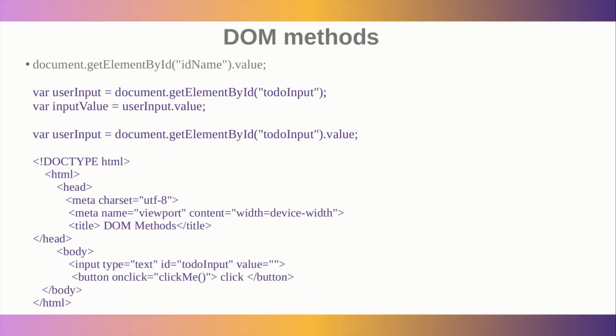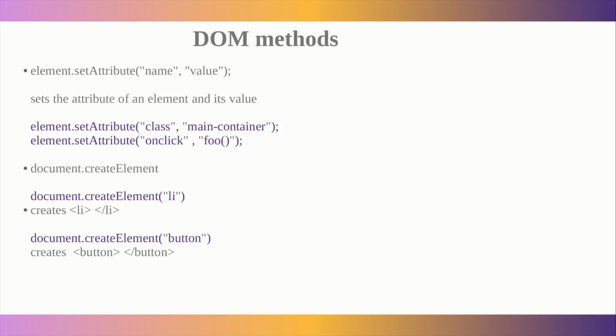We could have done all of this on one line as var user input is equal to document.getElementById todo input followed by dot value. And moving on, let's talk about the set attribute method. The set attribute method will set the attribute of the selected element.